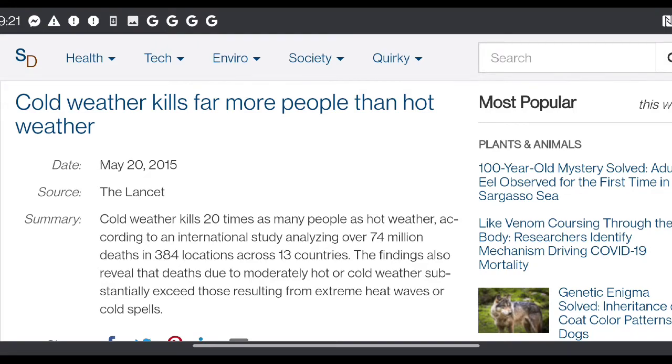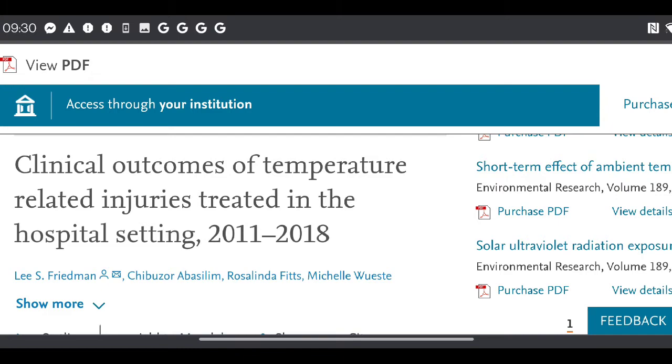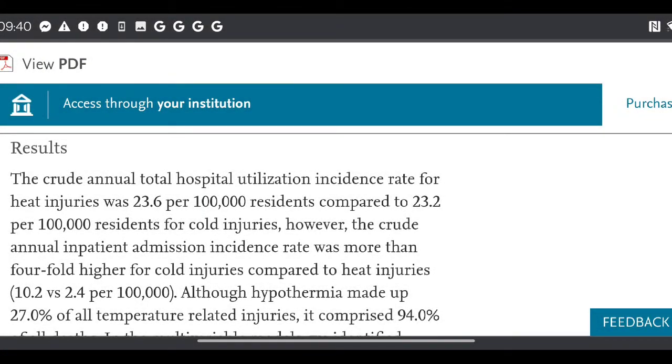So again, we can read here as well: clinical outcomes of temperature-related injuries treated in hospital settings, 2011 to 2018. This is a United States study. Says here the accrued annual total hospital utilization incident rate for heat injuries was 23.6 per 100,000 residents, compared to 23.2 per 100,000 residents for cold injuries.